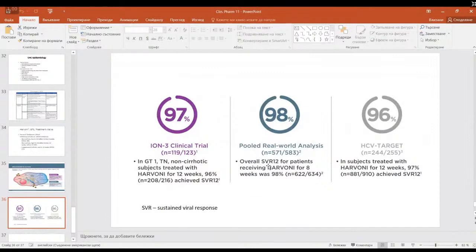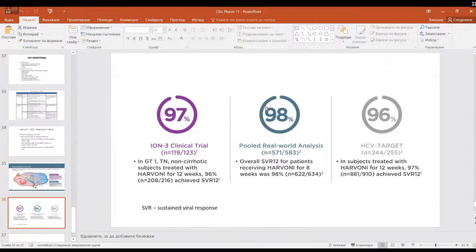And these are data from the clinical trials, and you can see that the efficacy is above 95%, so it's close to 100%, which is a huge number. And these are not just preliminary data, these data are also confirmed clinically.